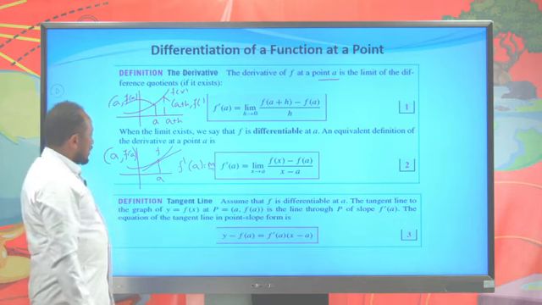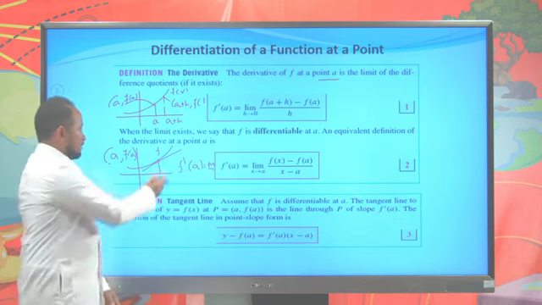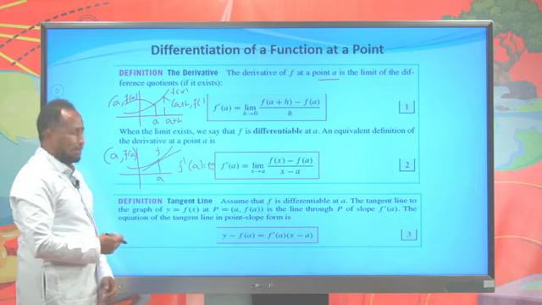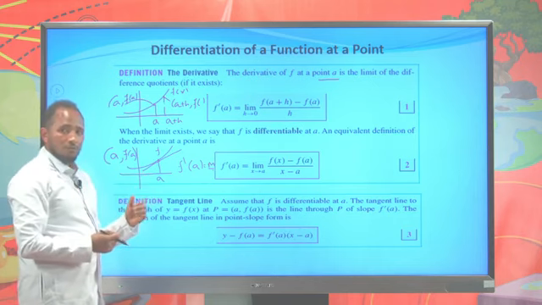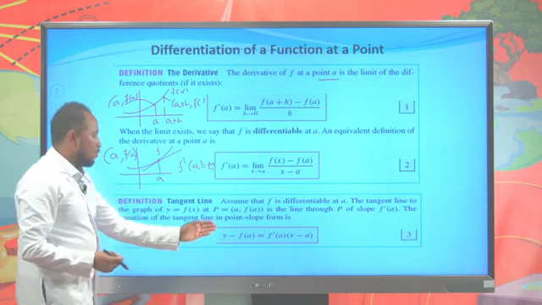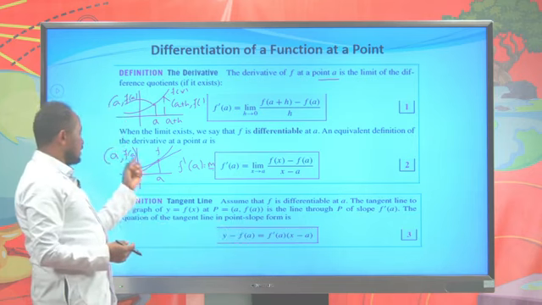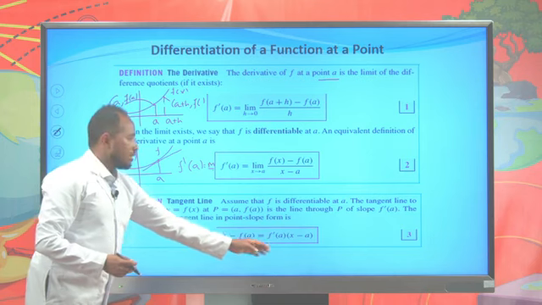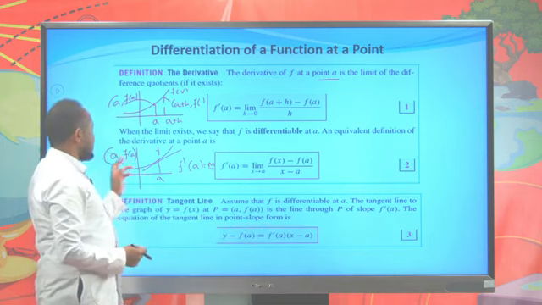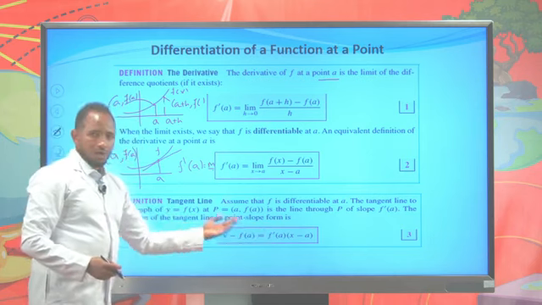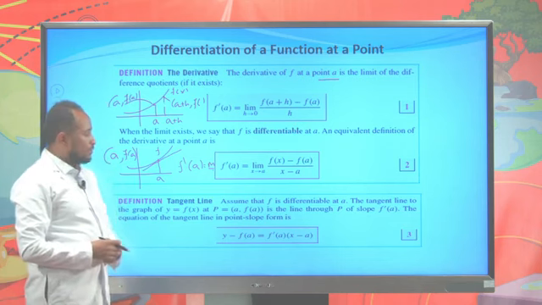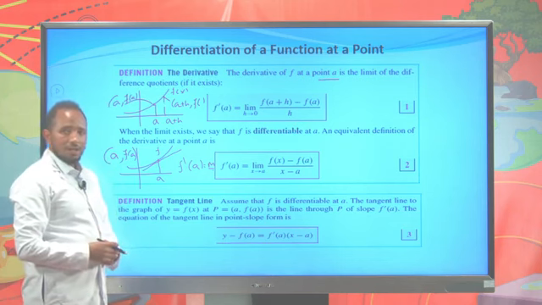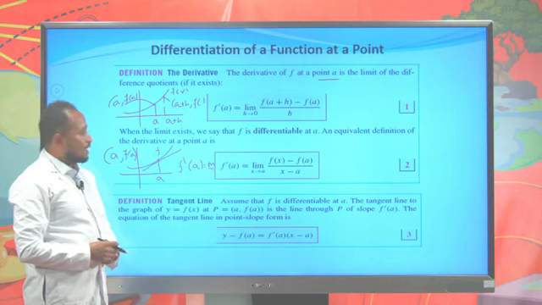To write the equation of this tangent line, we use the point slope form. So y minus f of a equals m times x minus a, where m, the f derivative, is the slope. So this is the formula to write the equation of the tangent line at a point for a given graph.